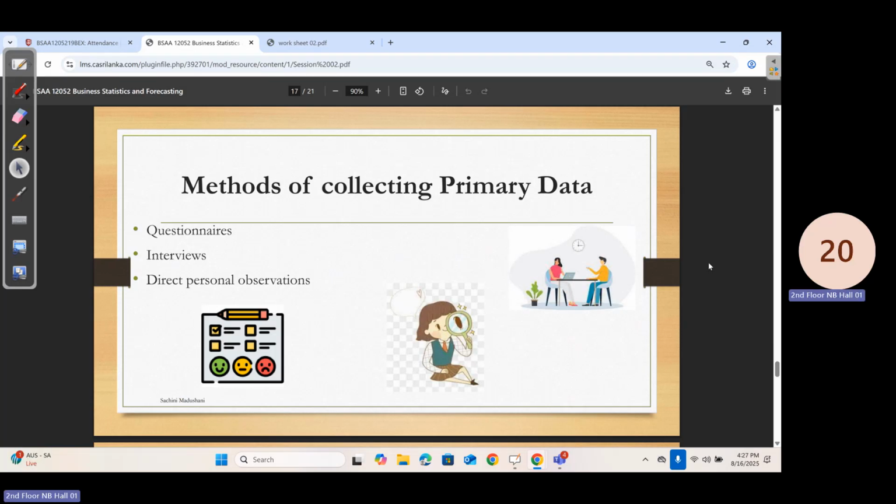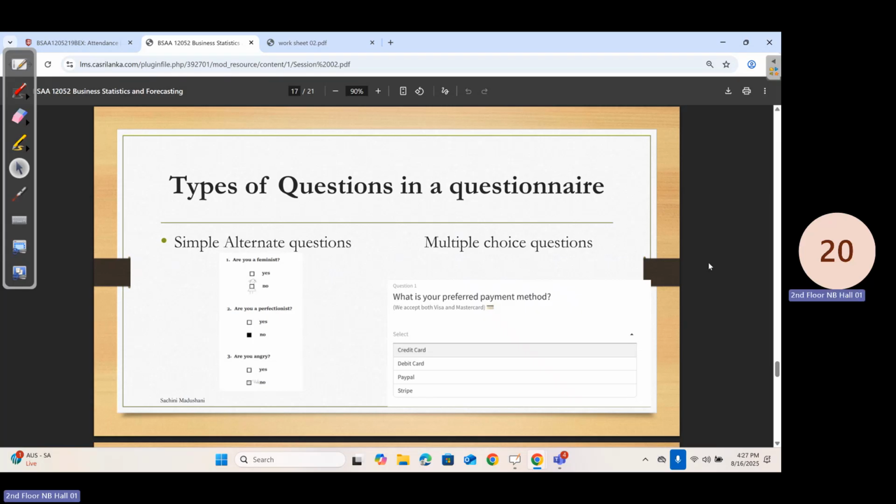In the questionnaire we can include different types of questions. The first category is called simple alternative questions. It means it consists of only two choices. Normally in any study, before that, we need to check the demographic factors.